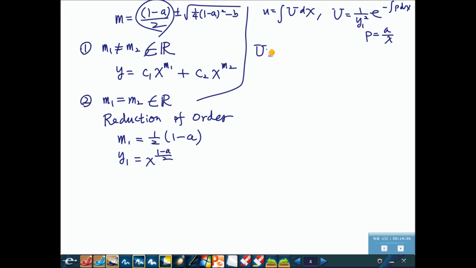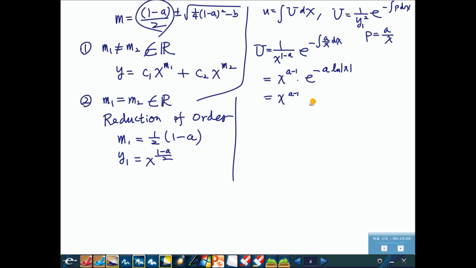So our big U is 1 over x to the 1 minus a times e to the minus a over x dx. Then that's a minus 1 times e to the minus a ln x, which is x to the a minus 1 times x to the minus a. So that's 1 over x.